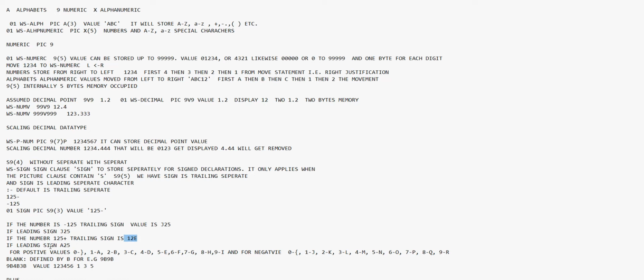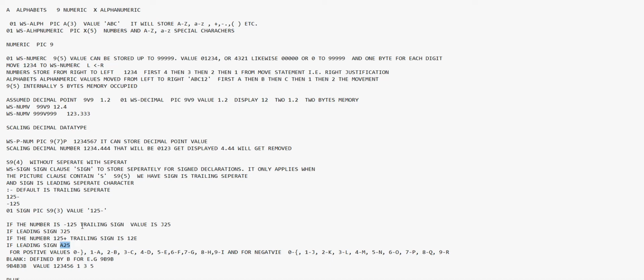Again, if it is leading, then it will display A25, because 1 takes the place of this digit, so it will take A25. See, instead of 5 it gave 12E, right? Got it? Here it is 1, so it took A. The system understands in this way, and we have to understand this.